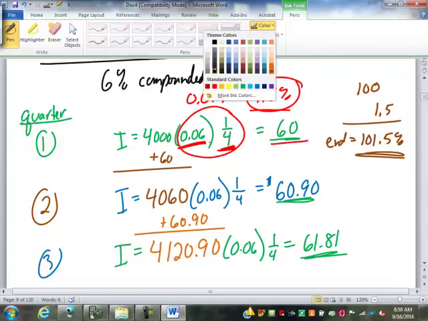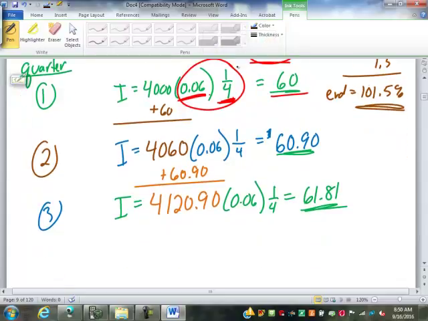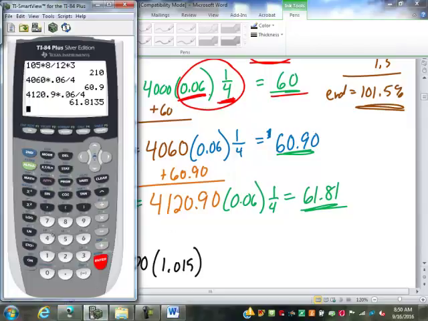So what this means is if I wanted to find my balance at the end of the first quarter, I could just take 4,000 and multiply by 101.5%. If I move my decimal, that's 1.015. 1.015 is 101.5%. So 4,000 times 1.015 is going to give us $4,060.